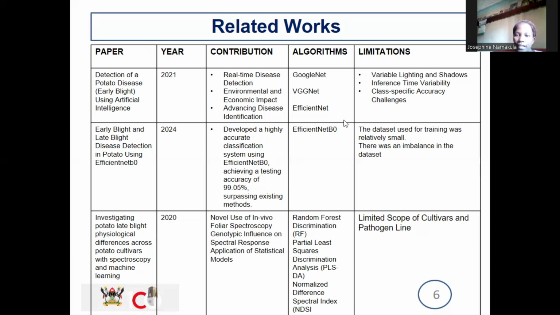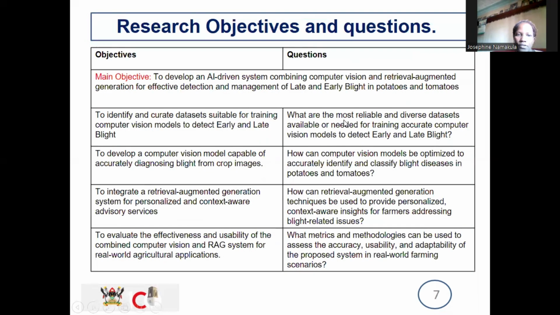When I go to the next slide, I find the research questions and objectives. The main objective was to develop an AI system combining computer vision and retrieval augmented generation for effective detection and management of late blight and early blight in potatoes and tomatoes.